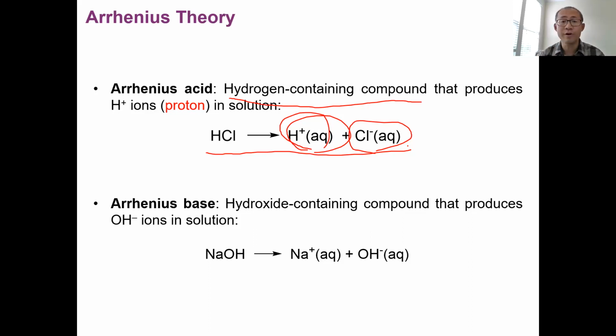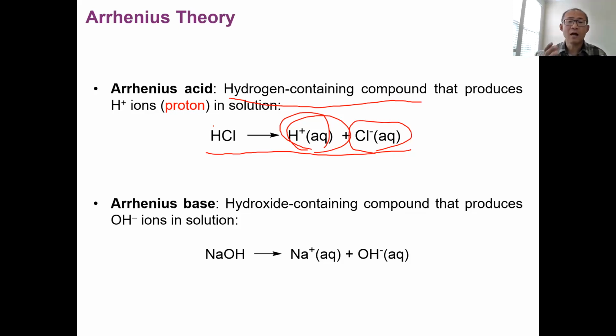Now, one extra word about why hydrogen plus ions are called protons. If you think about hydrogen, which is the first element in our periodic table, it has one proton because the atomic number is 1. When a hydrogen atom loses its one electron, what's left behind is basically a proton.